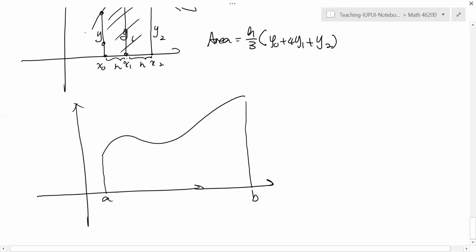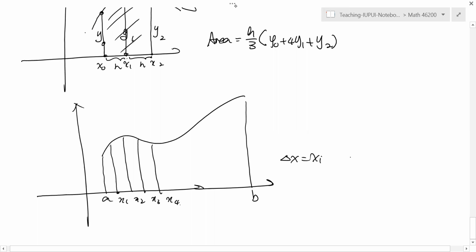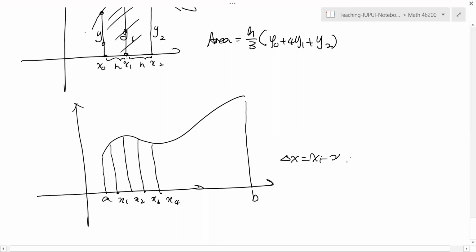I divide the interval into x1, x2, x3, x4, so delta x is going to be xi minus xi minus 1.